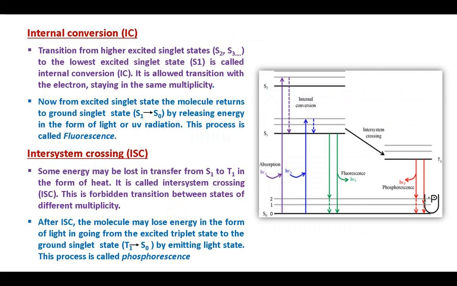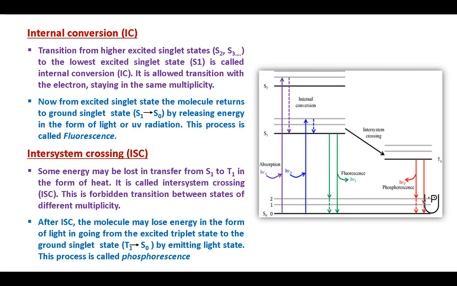Internal conversion. Internal conversion is an intramolecular process in which a molecule passes to a lower electronic state without the emission of radiation. It is a crossover of two states with the same multiplicity, that means singlet to singlet, or triplet to triplet states.